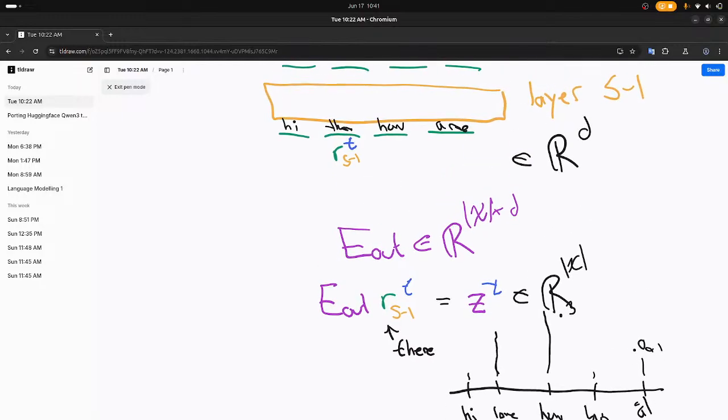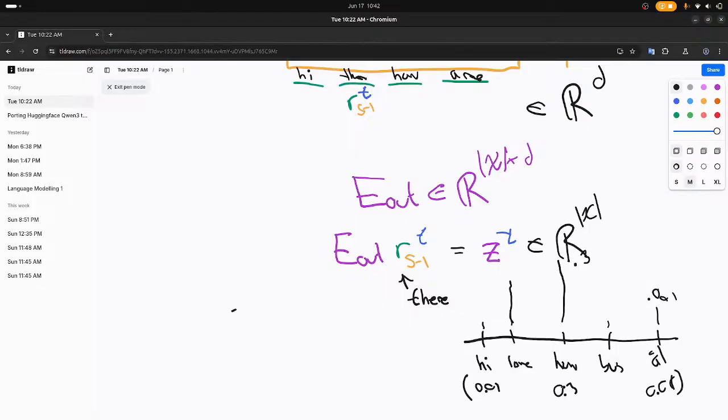So how can we get that? Well, this is a vector. We multiply it, we get a bigger vector. We use the softmax.